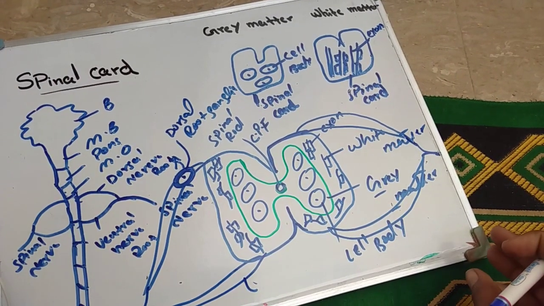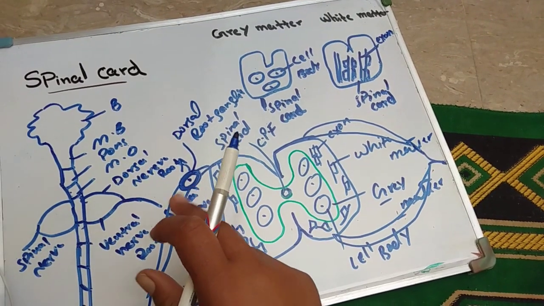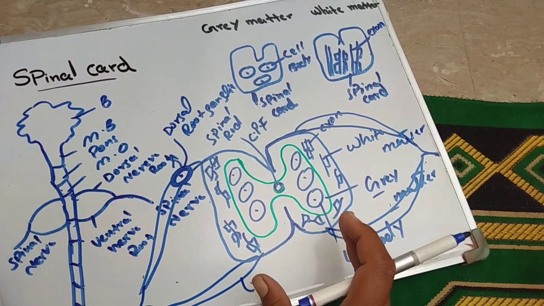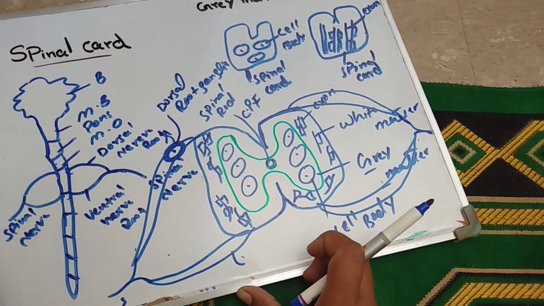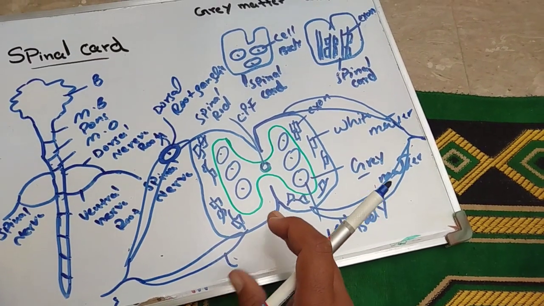We call it ganglia because it is present outside of the spinal cord and the brain, meaning outside of the central nervous system.